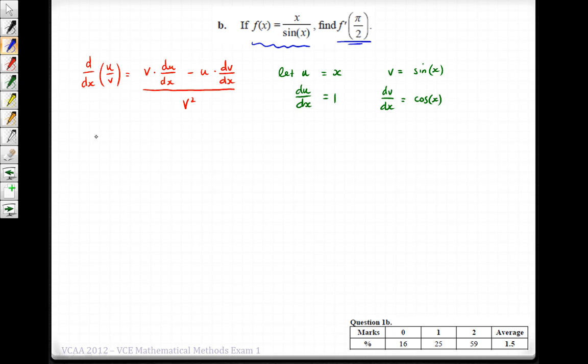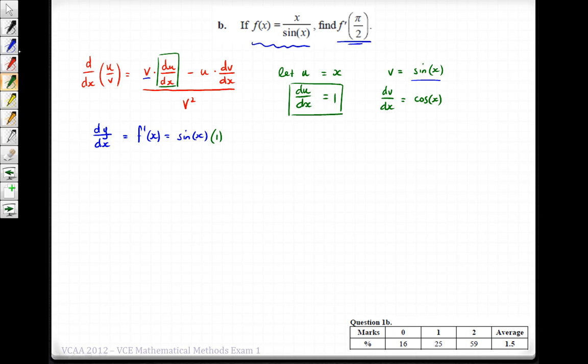So we find that the dy/dx is our f dashed in this case, so our f dashed x is just equal to v. So let's pull v out. v is sine x, so we'll put him in there, sine x by du/dx. So du/dx we'll put in green, that's this guy here, so it's just by 1.